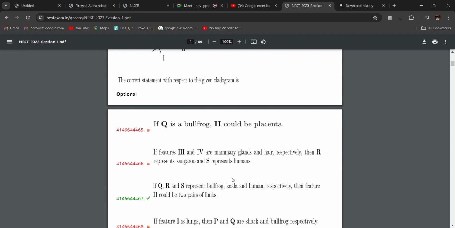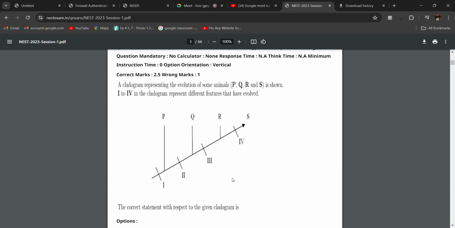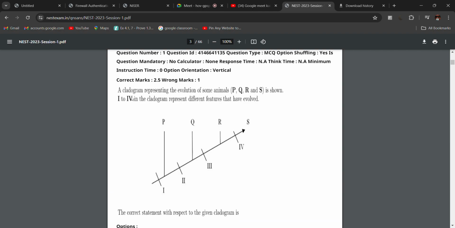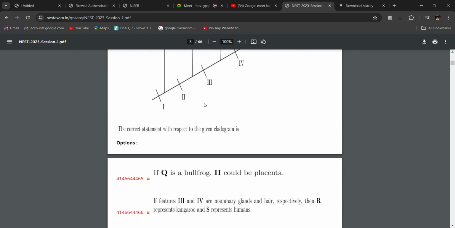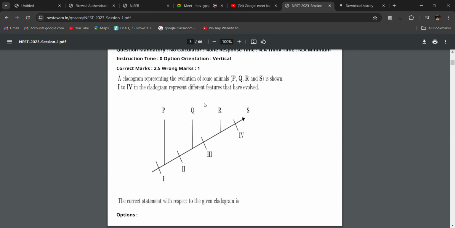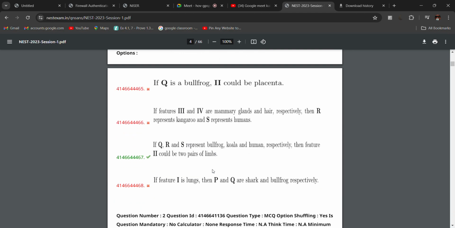Now let's talk about the questions. You can see, according to the figure, a cladogram representing the evolution of some animals is shown in the figure 1 to 4, and you have to choose the correct statement.